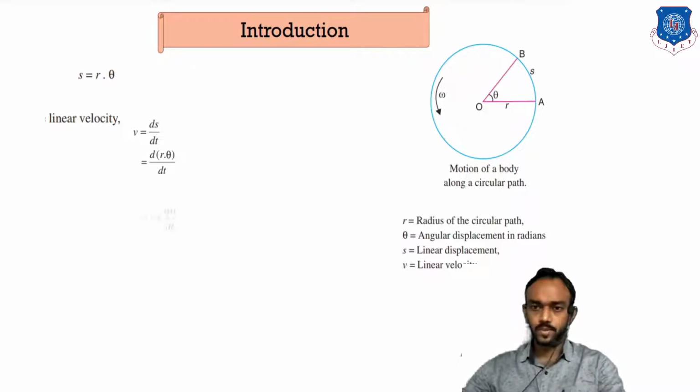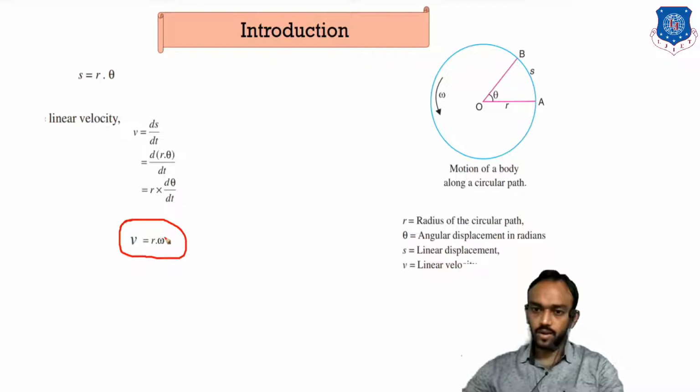So r into d theta by dt, and d theta by dt you already know is omega. So the final relation between linear velocity and angular velocity is v equals r omega, where omega is the angular velocity. Okay, let's start our chapter.